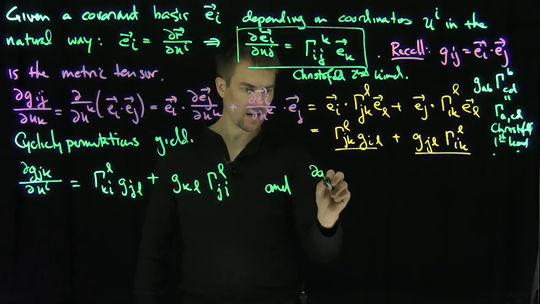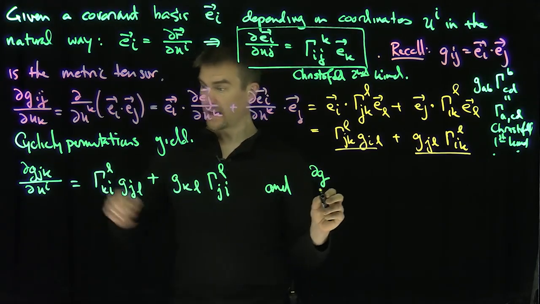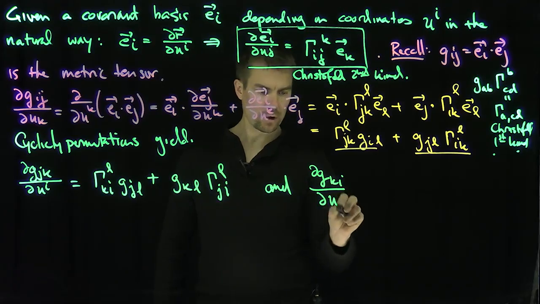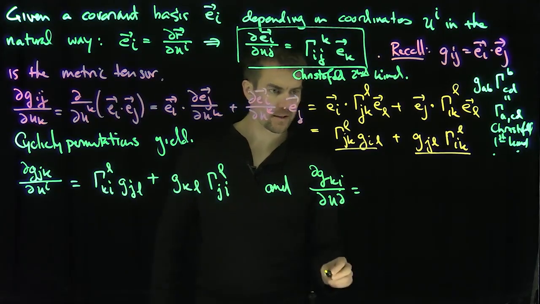And I'm going to cyclically permute one more time. G_{Ki}, partial U_j is going to be what?